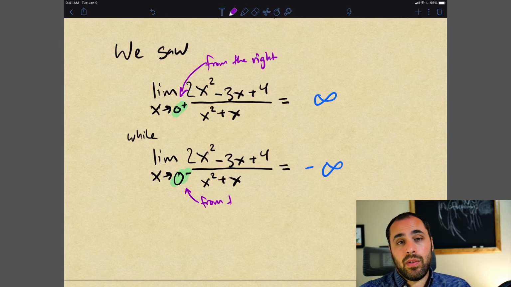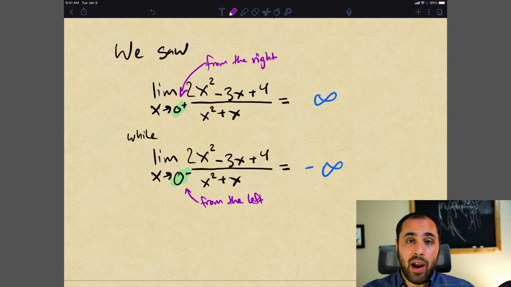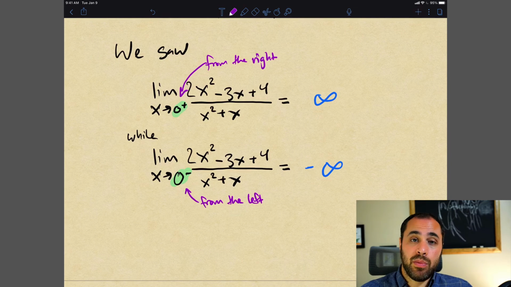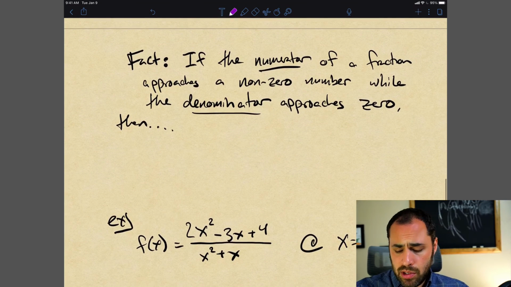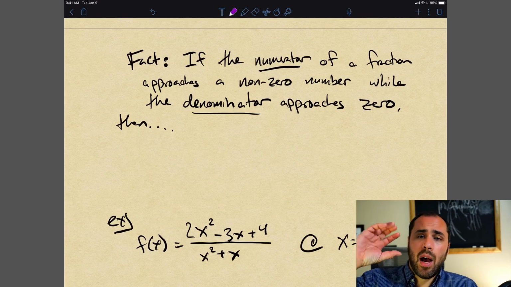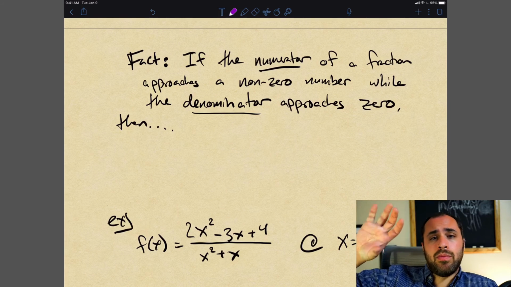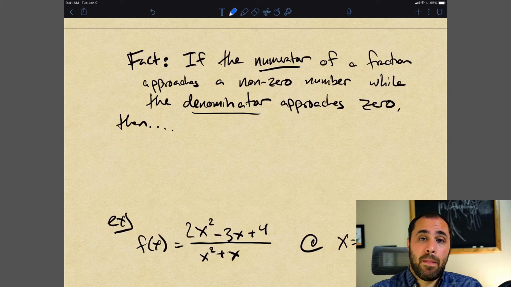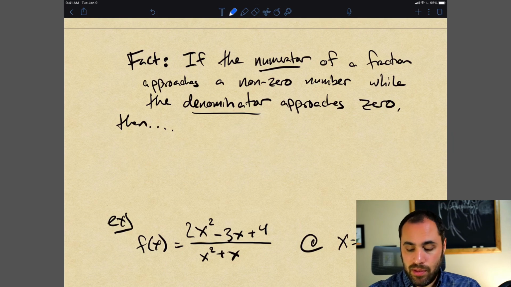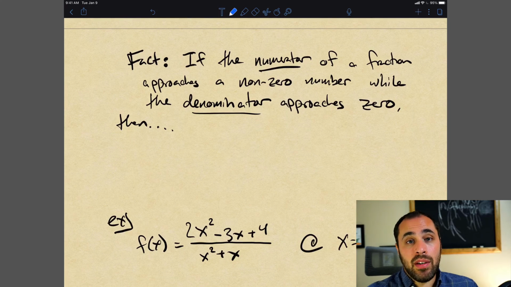So hopefully that was easy to see from the graph, but how could we talk about that algebraically, just looking at the function? Well, I'll give you a fact that we can use. If the top of a fraction, as we approach some value, is just approaching a real number that's not 0, but the bottom is getting close to 0, that is, we're getting close to dividing by 0 while the top is not 0, then there's some infinite behavior here.